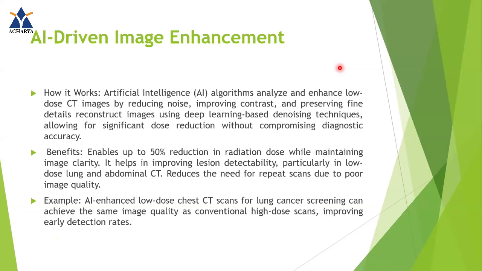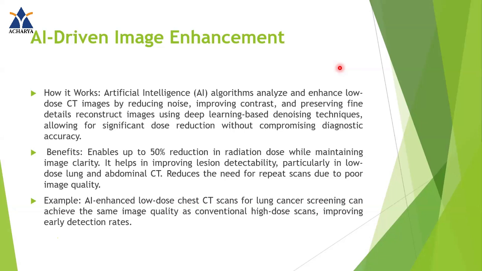It also reduces the need for repeat scans. Whenever the image quality is poor, we tend to repeat the scans. So AI based reconstruction makes sure that repeat scans due to poor image quality are eliminated because it improves the image quality automatically.